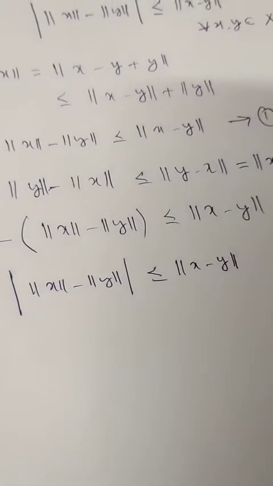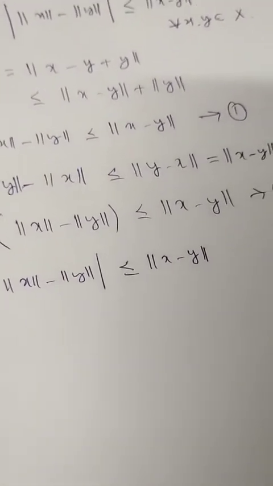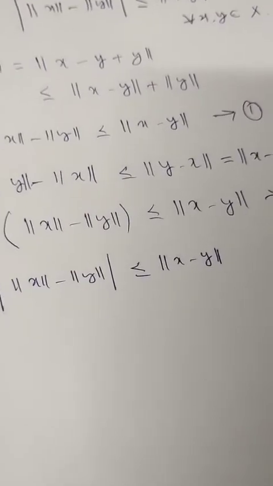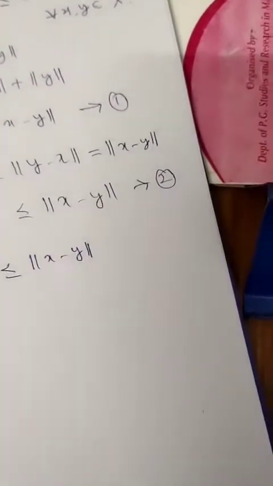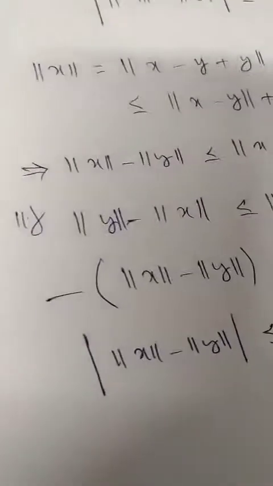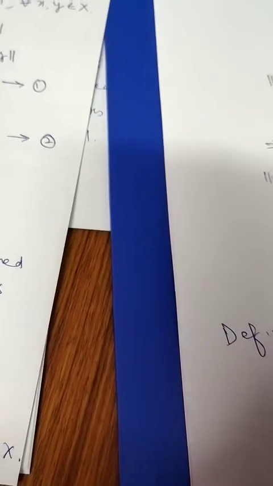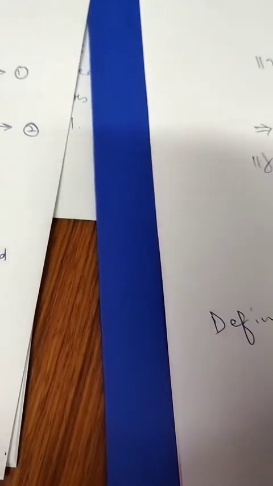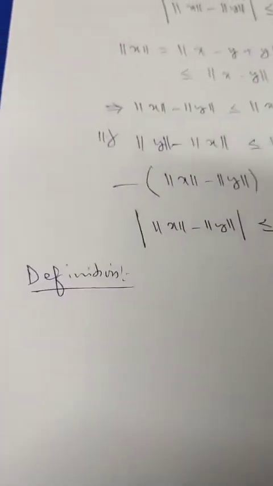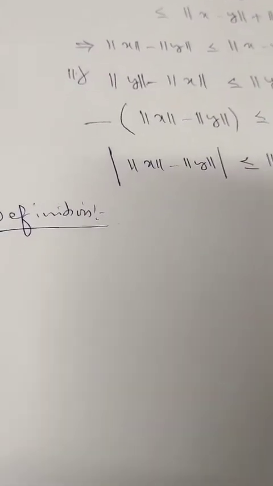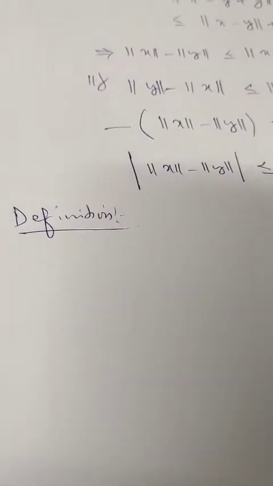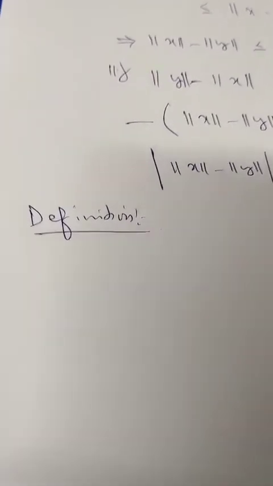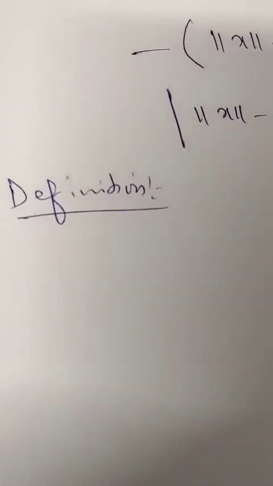So another definition which is needed now. You know what is meant by the definition of continuity of a function in metric spaces. Here too we define the continuity of a function between any two normed linear spaces.